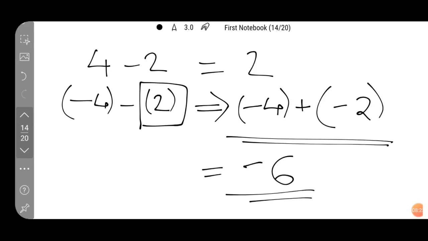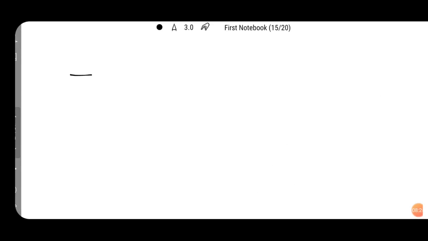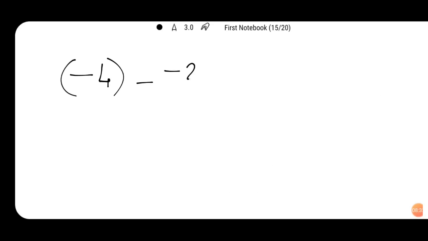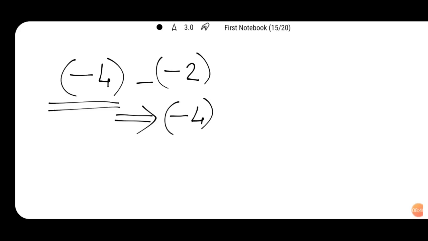So let's see another example. Negative 4 minus negative 2. Again it is subtraction, so we will change it to addition. That is, the first number we will write as itself, negative 4. We will change the subtraction to addition, plus.